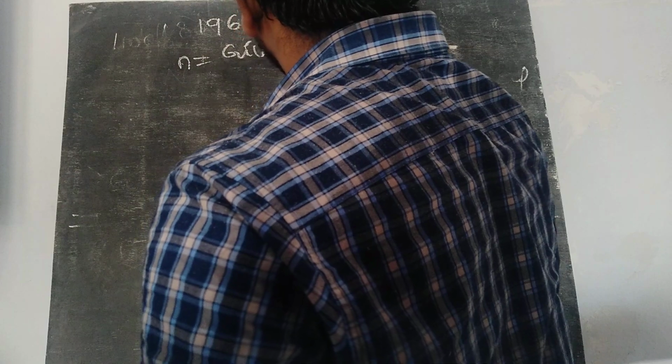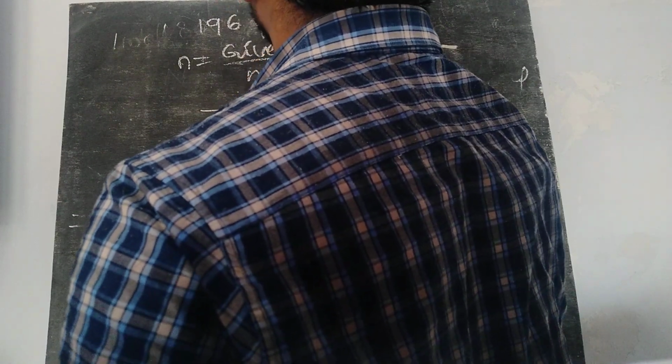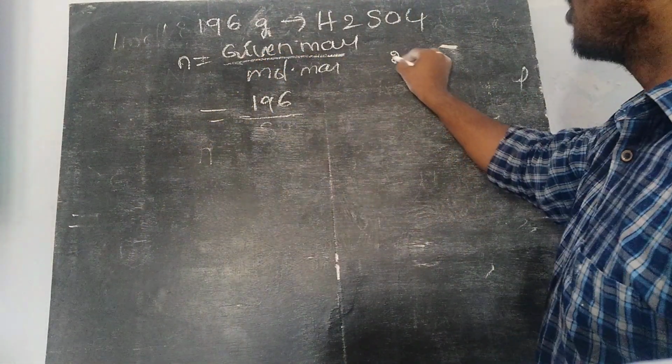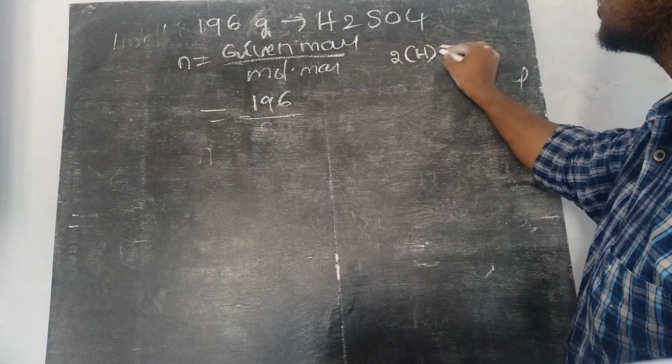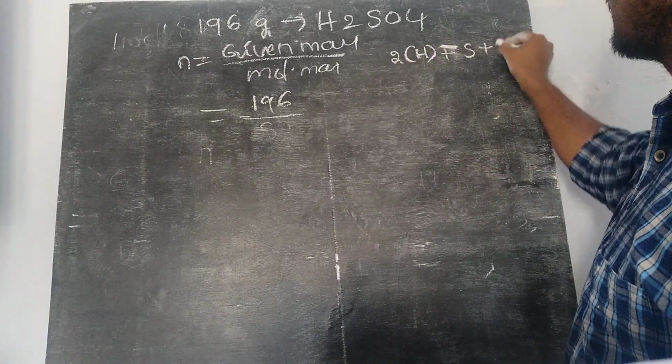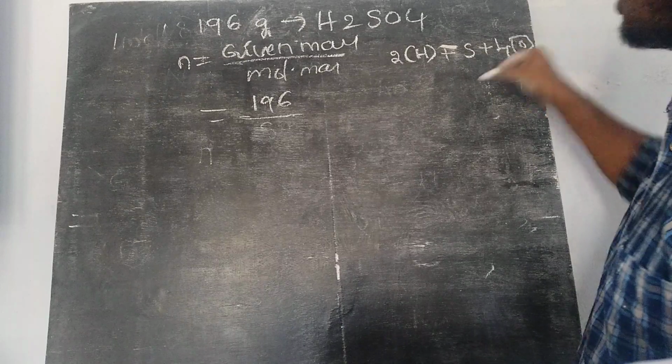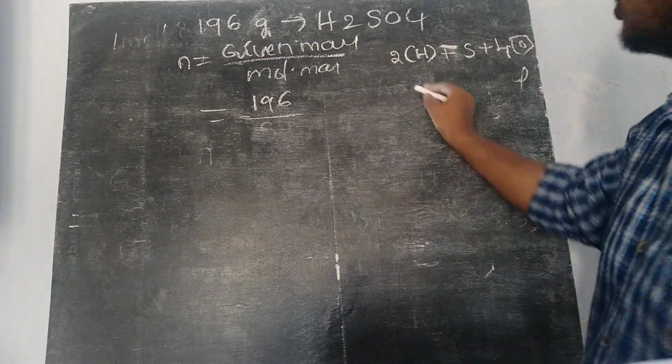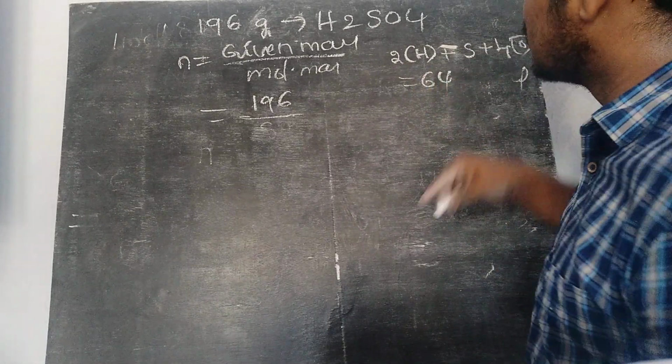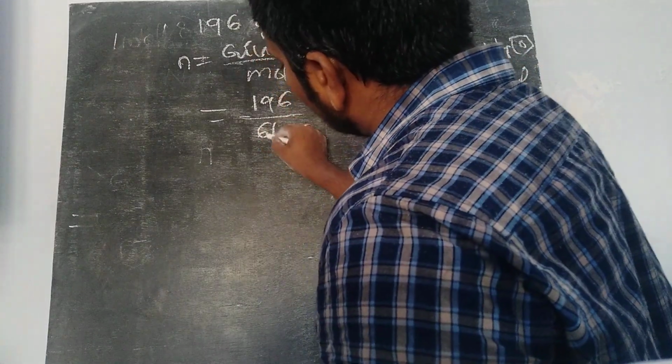So number of moles is equal to given mass by molecular mass. Given mass how much? 196. Molecular mass how much? 2 hydrogens, 1 sulfur, 4 oxygens. By doing the calculation you get the molecular mass.